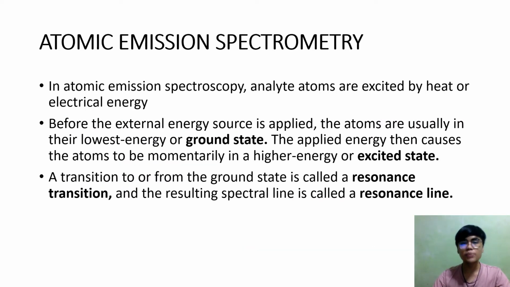Atomic emission spectrometry. In atomic emission spectrometry, analyte atoms are excited by heat or electrical energy. The energy is typically supplied by plasma, a flame, a low pressure discharge, or by a high powered laser. Before the external energy source is applied, the atoms are usually in the lowest energy or ground state.